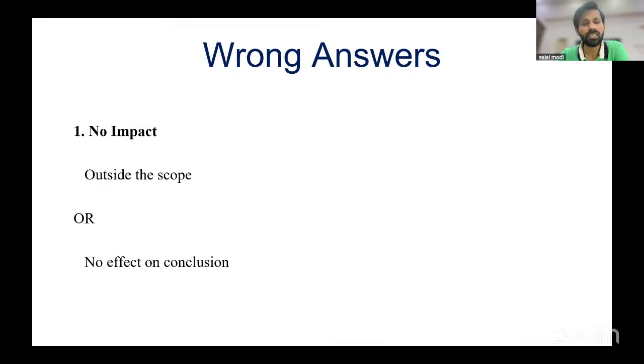What is the author arguing for? Be very sure of the conclusion statement, earmark it, underline it, right? Then when you go through the options in the assumption question, eliminate those that have no meaningful effect on the conclusion statement. So anything that has no impact, irrelevant, is out.